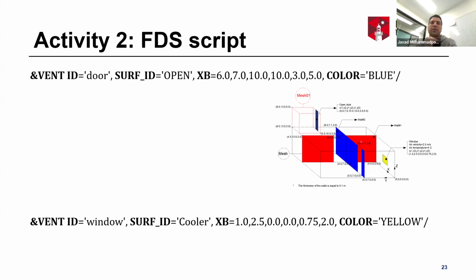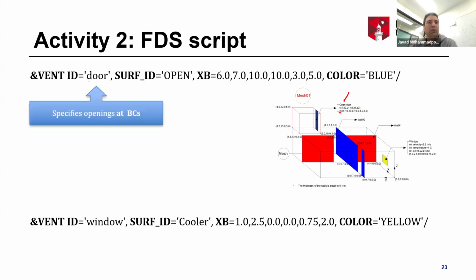And then the next step is to set the boundary condition of the upstairs. So we have an open door here. What is the coordination? X1 represents the minimum x, x2 the maximum x, y1 the minimum y, y2 the maximum y, z1 the minimum z, and z2 the maximum z.